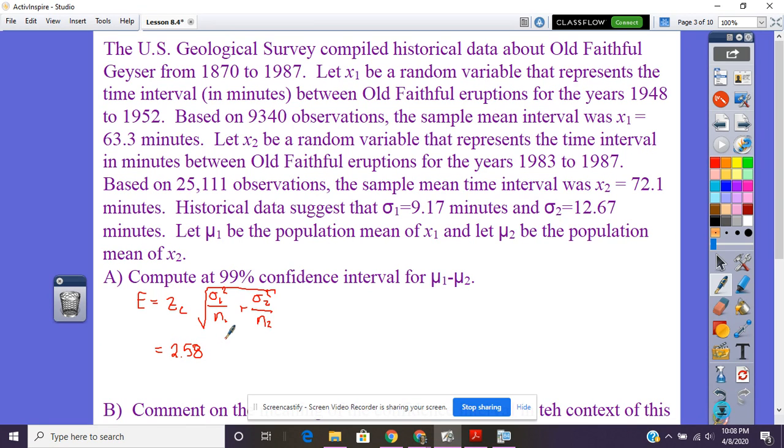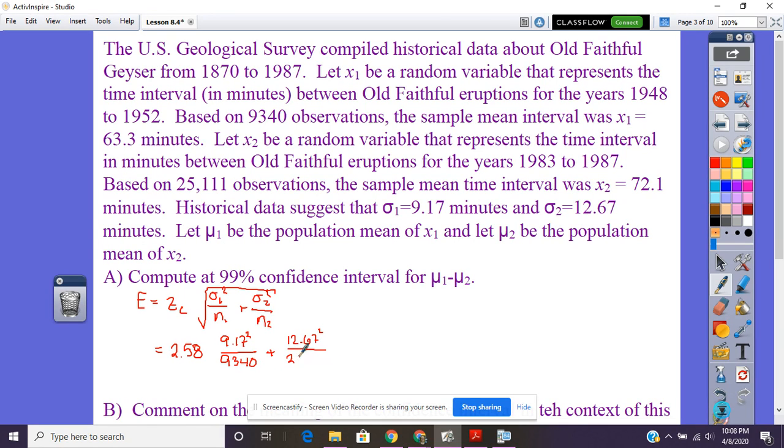Okay, sigma 1 is 9.17 squared over n1. If we recall, that's up here where it talks about based on 9,340 observations. That is our n1, so 9,340. Plus sigma 2 is 12.67 squared, and this one has quite a few more observations.